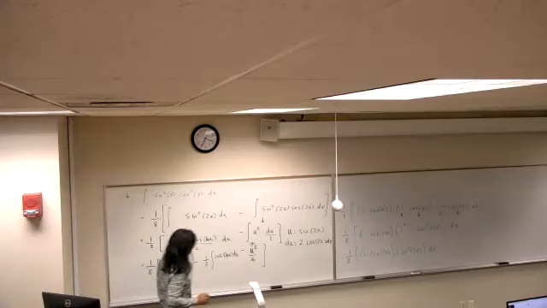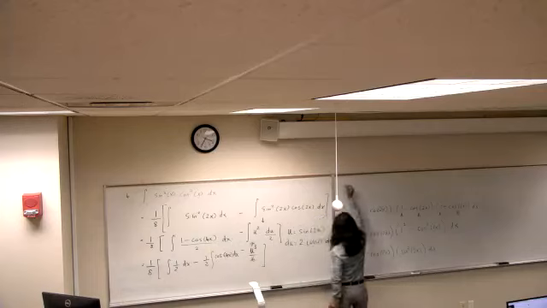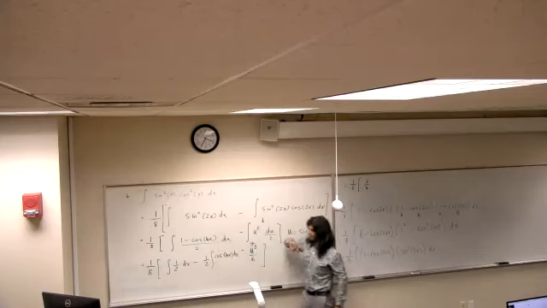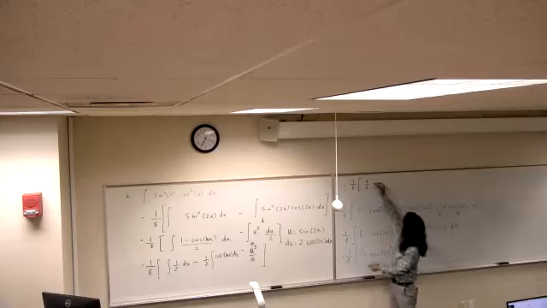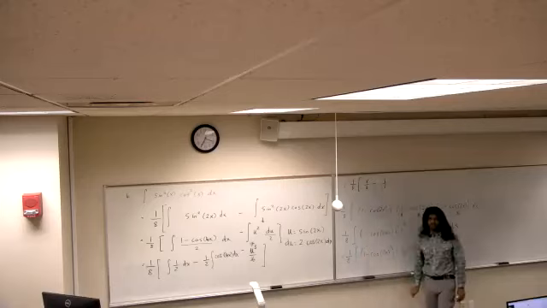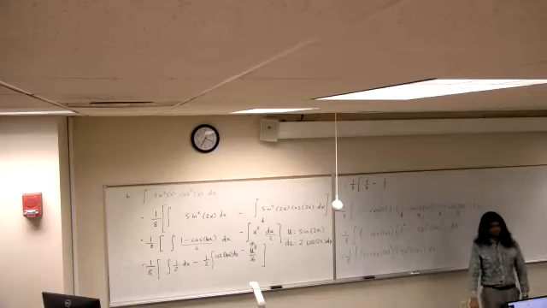X over 2. So 1/8. X over 2, do make that change. It's not 2x, it's 4x. Minus, I have 1/2. What is the integral of cosine 4x?